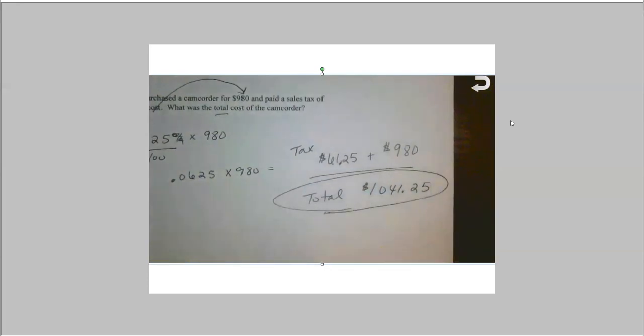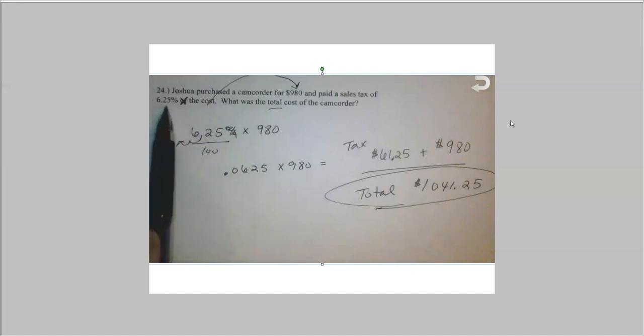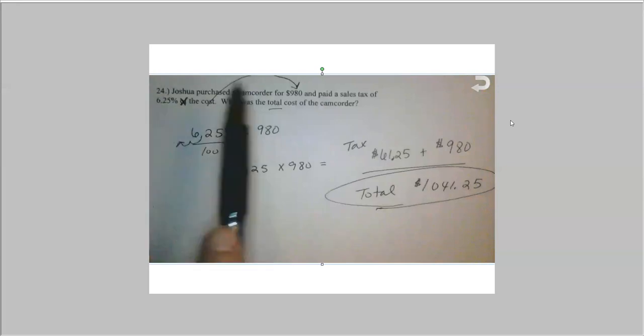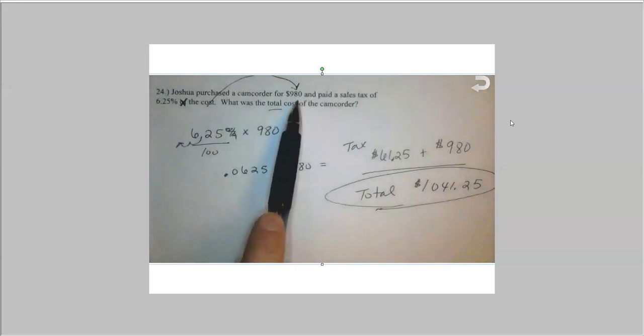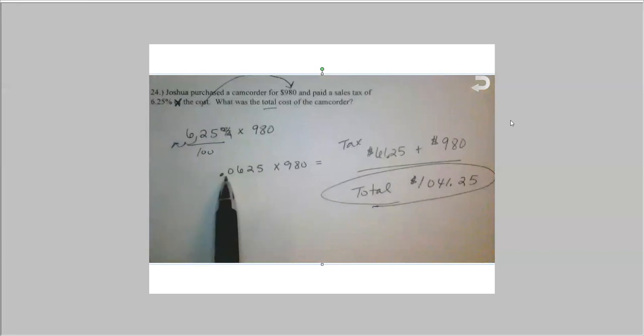You may have some questions like that where you have to find one answer and use that answer to get another answer in the problem. Just be careful with tax. We multiply that times the cost. So I had to shift my decimal over 2 spaces and multiply with tax.